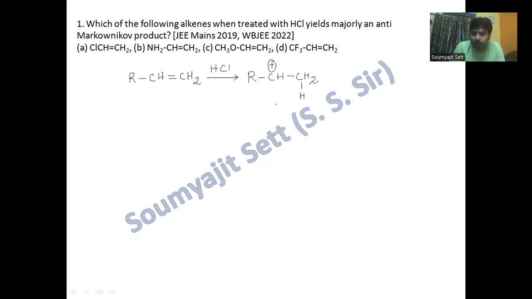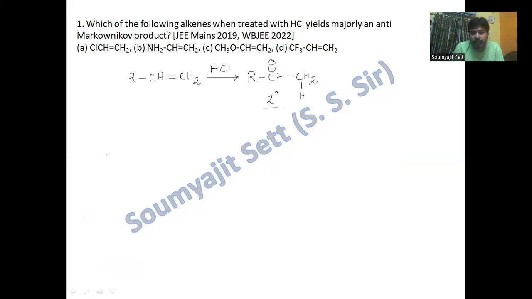Why has this kind of carbocation been formed? Because it is 2 degree. But though it is 2 degree, it depends on the nature of the R group as well.